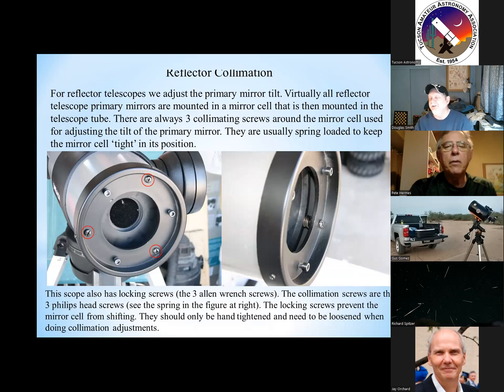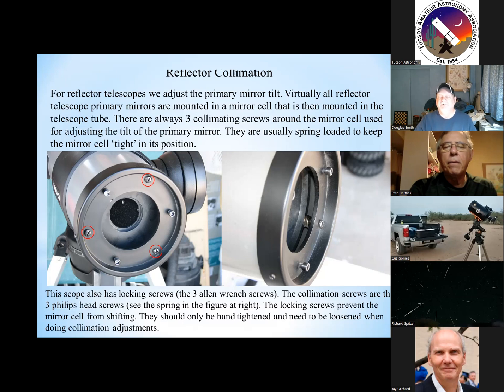And in this view here on the right, you can see that the Phillips head screw has a spring on it. It's spring loaded so that it keeps tension on the mirror cell. When you tighten it, you turn it one way, it pulls the mirror cell back. But if you loosen the screw the other way, the spring will push the mirror cell out. So that's how you adjust it.